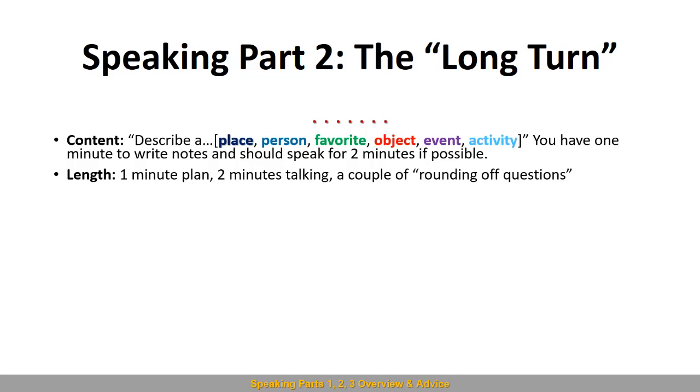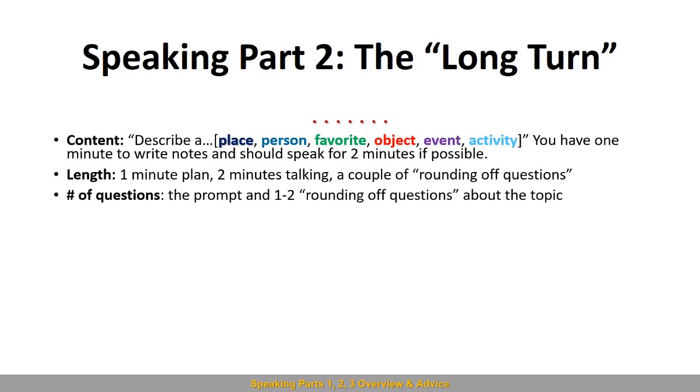After you finish your 2 minutes, you'll need to answer a couple of rounding off questions. These are just simple questions about the topic that you just talked about before you start part 3. You have the prompt and 1 or 2 rounding off questions about the topic. You should understand the card. You're able to read it, and the examiner will also read it to you.